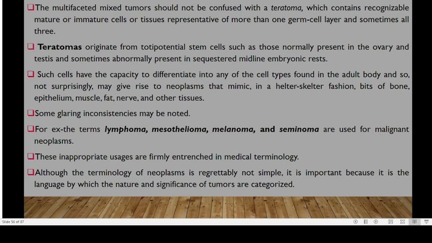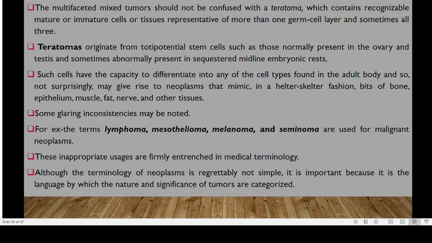Teratomas originate from totipotential stem cells, such as those normally present in the ovary and testis, and sometimes abnormally present in sequestered midline embryonic rests. Such cells have the capacity to differentiate into any of the cell types found in the adult body. So, not surprisingly, this may give rise to neoplasms that mimic in a helter-skelter fashion bits of bone, epithelium, muscle, fat, nerve, and other tissues.